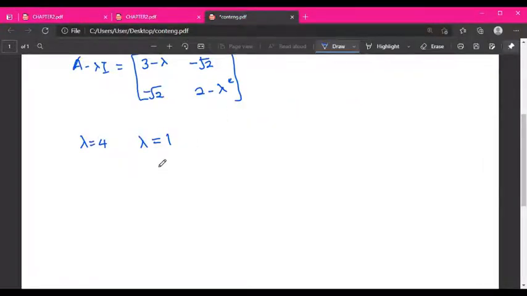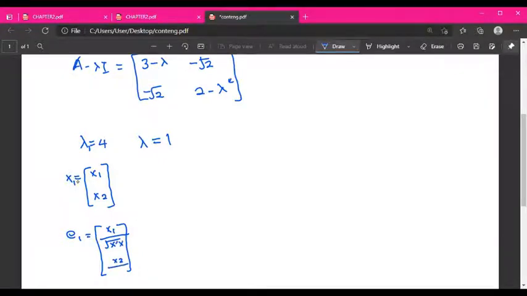Okay, for this one earlier, you have to find the eigenvalue. If here is lambda 1, then here x1, you have to find the eigenvectors for lambda equal to 4, and get the normalized eigenvectors, which is, what is it? Normalized eigenvector: x1 over square root of x transpose x, x2 over square root of x transpose x, for this matrix.